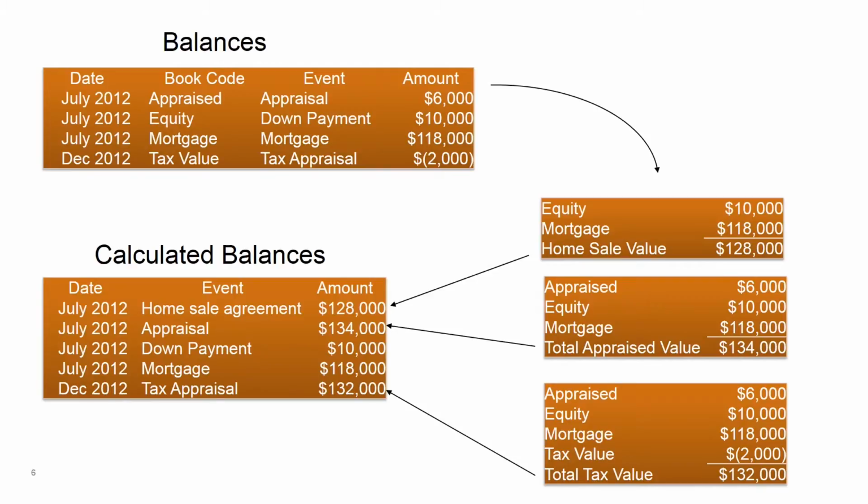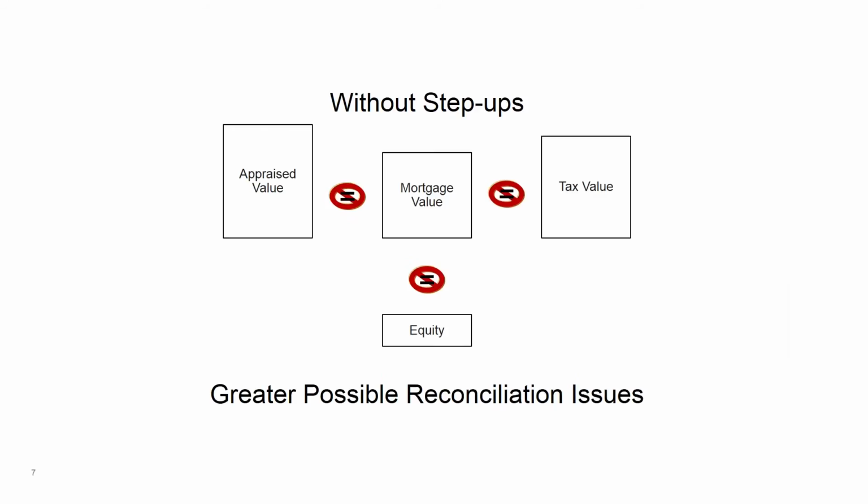And the total tax value would be $6,000, $10,000, $118,000, negative $2,000. Thus, by defining the relationship, and when we do the query process against these book code values, we can create, at reporting time, any one of these potential values that we need.